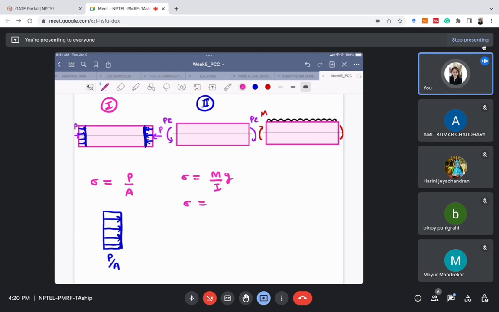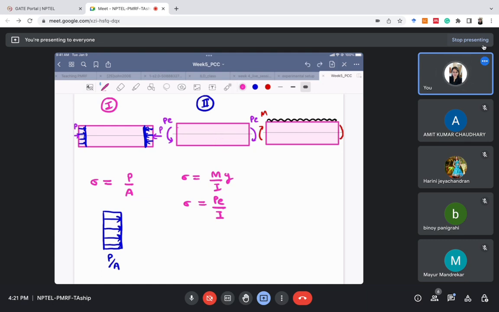The value of M is P into E, I is the moment of inertia, and Y is the location where we need to find the stress. If I want to find the stress at this location, this will be my Y. If I want to find it at the bottom, this will be my Y. So the Y value changes according to where you have to find the stress.